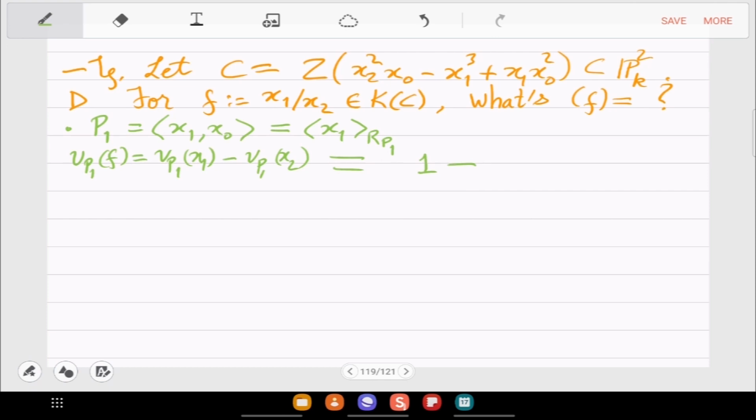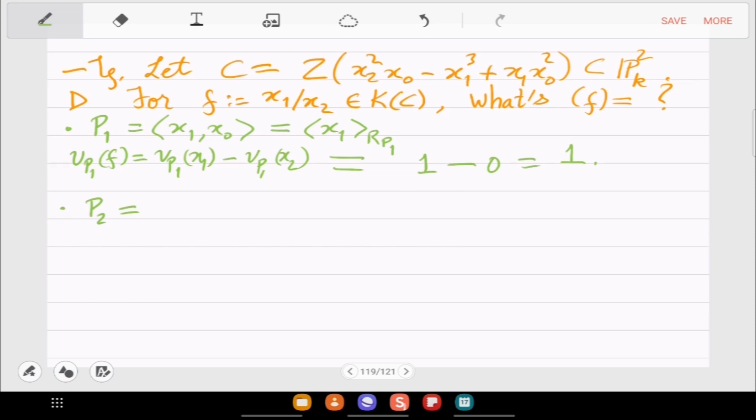Well, x2 is 1, it's a unit, so valuation is 0 with respect to anything. Right, so for this point, the valuation of the function is 1. Now, functions can have only 0 degree, right? The sum of the valuations should be 0. How do you know? We haven't proved that in the class.